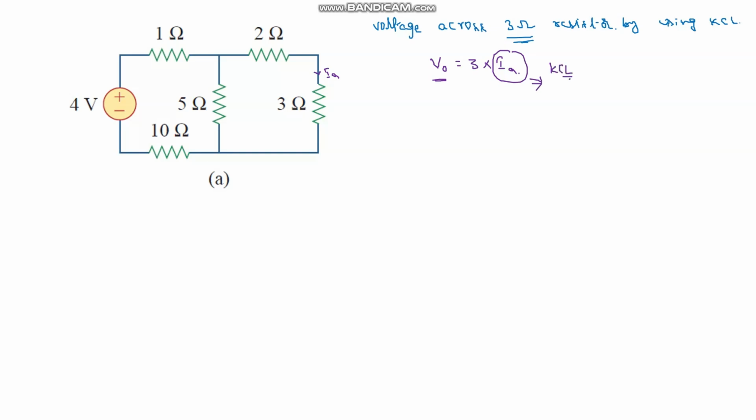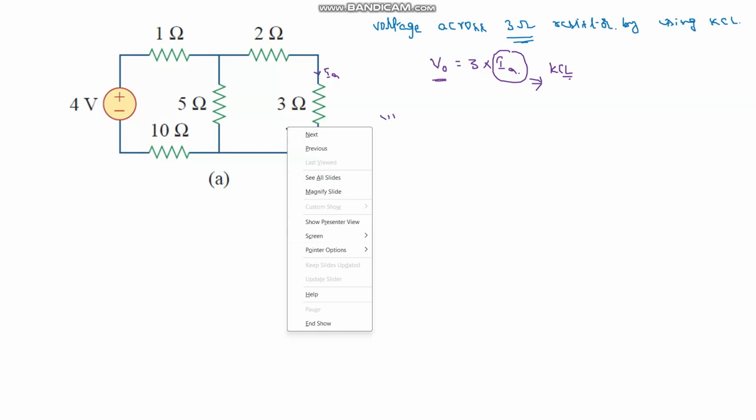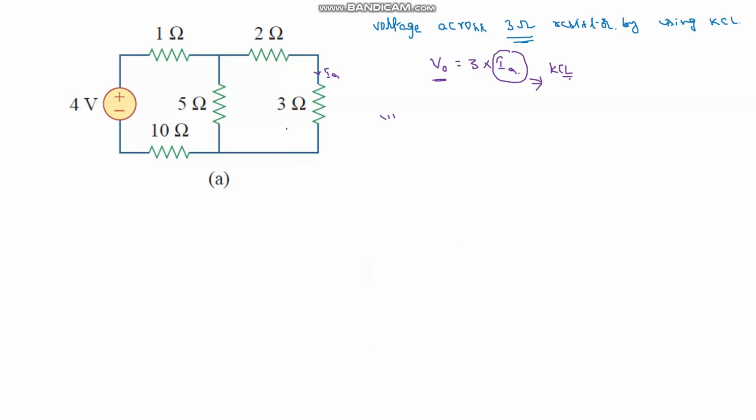In the previous video lecture, I explained how to apply KCL and what steps to follow while applying KCL. The first step is to identify the number of junctions. By observing this electrical circuit, you can observe the number of junctions.